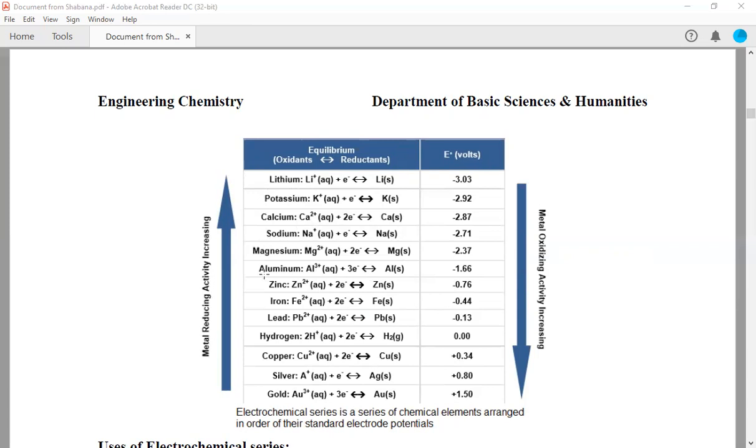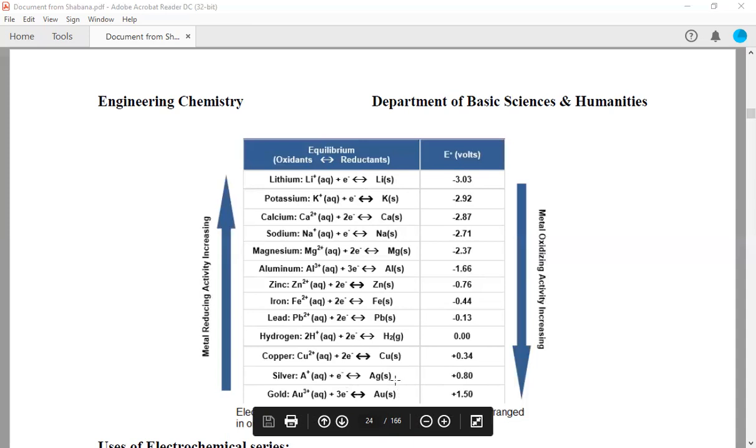The reducing power of the element decreases from top to bottom, while oxidizing power increases from top to bottom. That means the metal which is present at the highest position will act as a reducing agent, and the metal which is at the lowest position in the electrochemical series will act as an oxidizing agent.